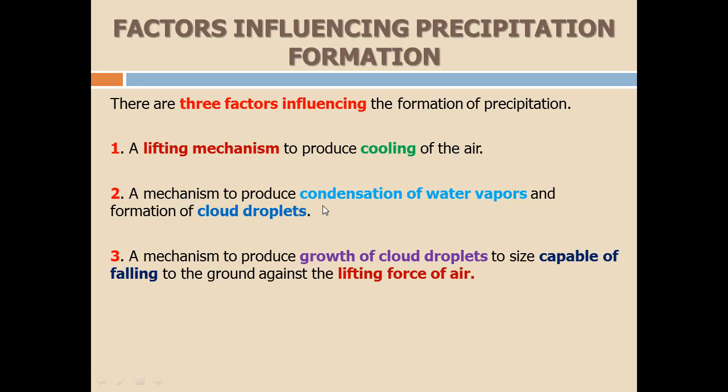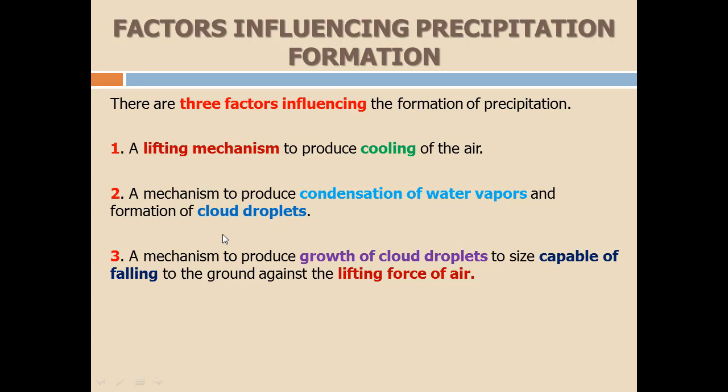The second step is condensation of water vapors. Now, with the rising of this air, the vapors inside this air become cool. When the air reaches a specific altitude, the temperature of this air becomes the dew point temperature. Dew point temperature we have already discussed in the second lecture.